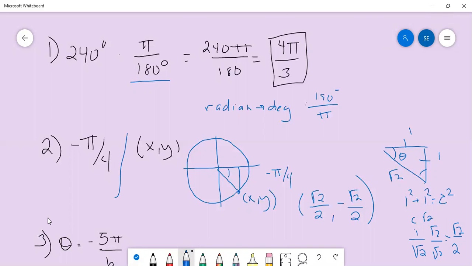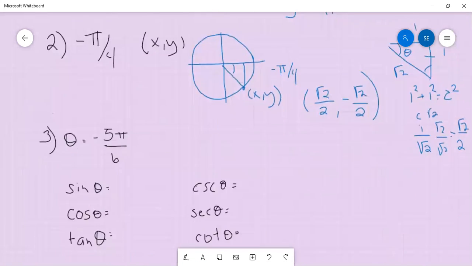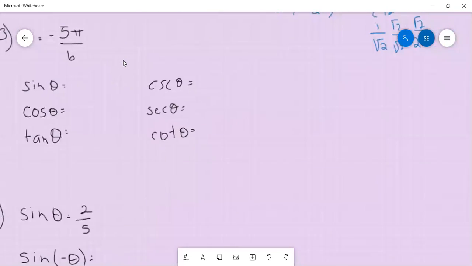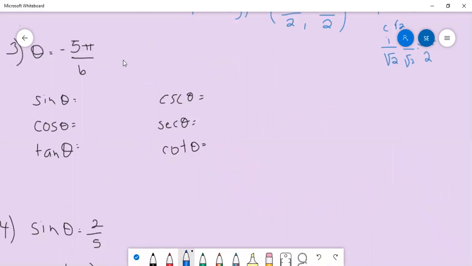The next problem gave you theta is equal to negative 5 pi over 6, and we wanted to find all 6 trigonometric functions of this. So again, if we look at our unit circle, and we are at negative 5 pi over 6, that's over here, right?